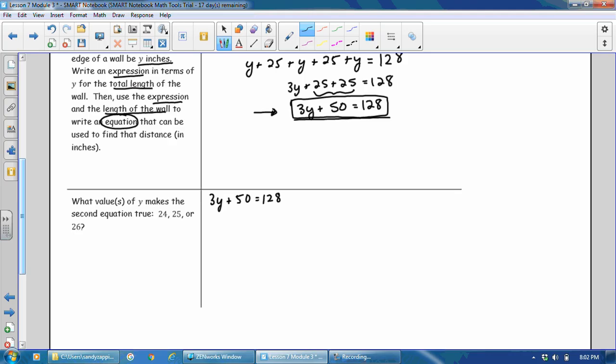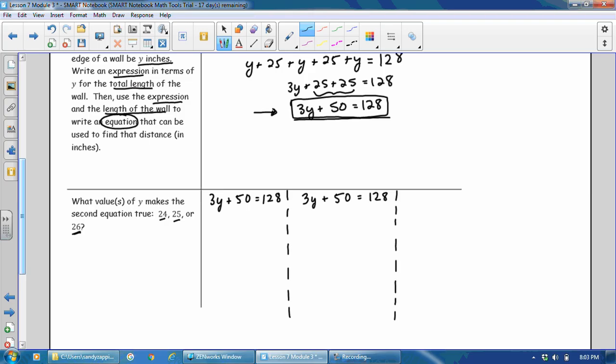And we have three numbers to try, either 24 inches, 25 inches, or 26 inches. So since we have three numbers to try, we're going to keep this over here on the left side, and we'll write the equation over here to try the second number. And I'm not sure if I'm going to need to use the third number or not, so I'll wait and see.